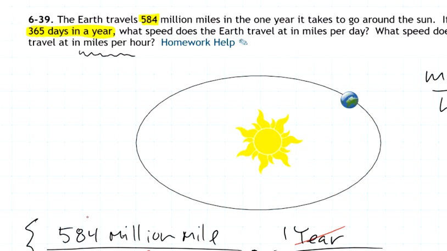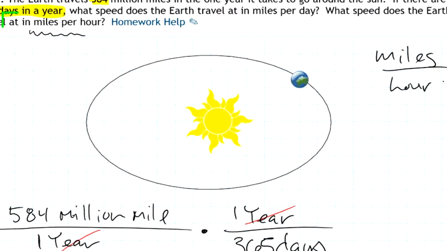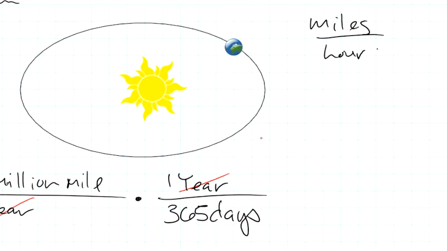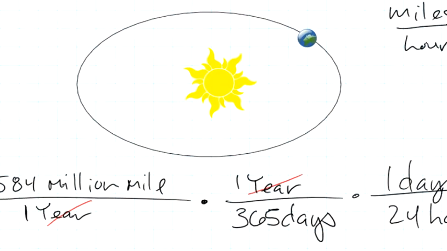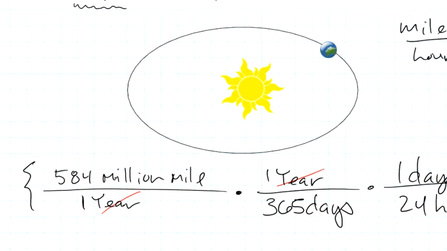Now we're going to take the days and convert that into hours, can't we? I know that 1 day contains 24 hours. So if I multiply by that giant one, I'm in a situation where I've got days in this denominator and days in this numerator.